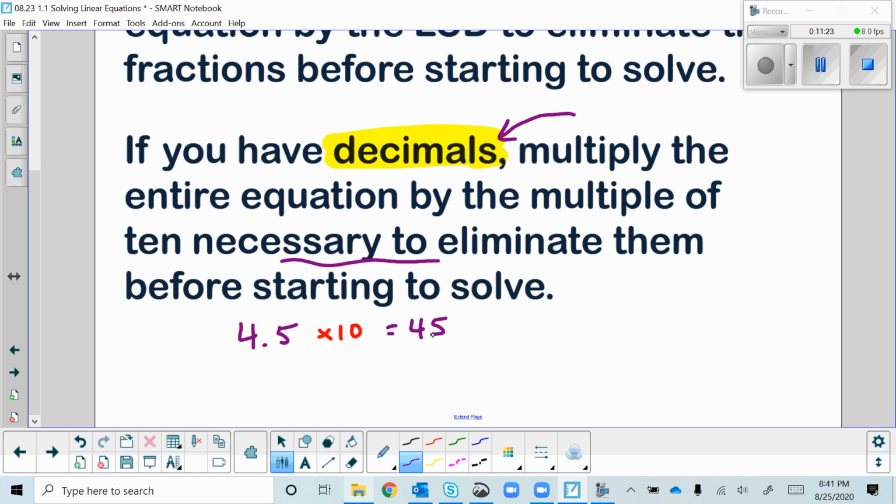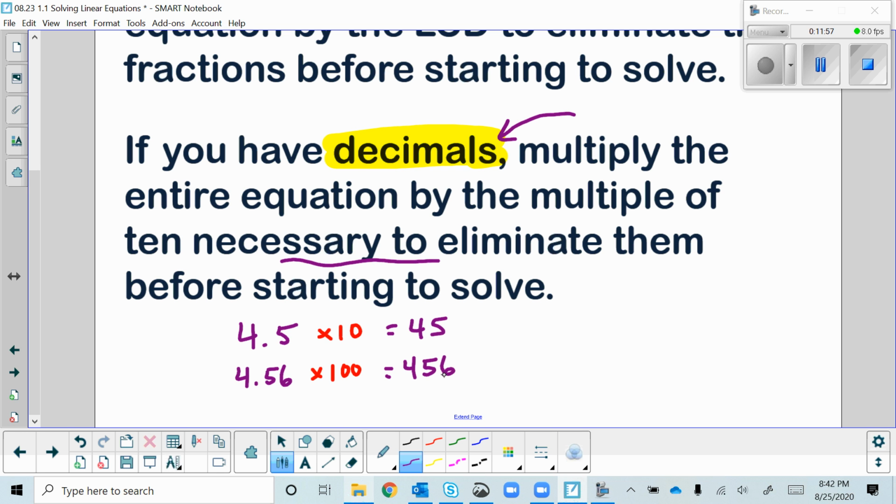Similarly, if I had two decimal places, like 4.56 and I multiplied it by 100, two zeros, 1 0 for each decimal place, I would have 456, right? I would have no more decimal. And that is what this tip means. Multiply by the multiple of 10 necessary to eliminate your decimals.